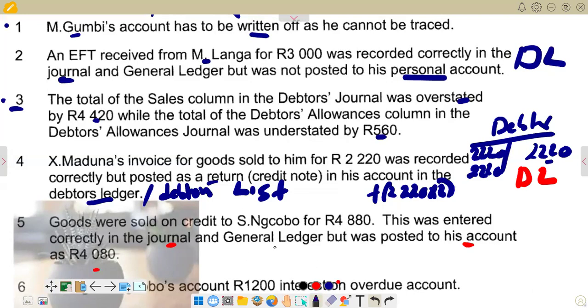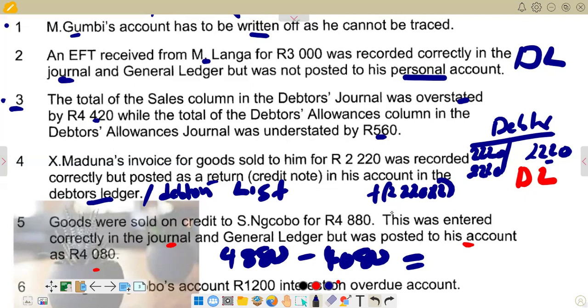So what we are going to do is we are just going to see the difference. There we entered a smaller figure, so we are saying 4,880, then we subtract 4,080 there and try to see what figure we get. Let's try to calculate that one. We are saying 4,880, and then we subtract 4,080, and then we get 800.